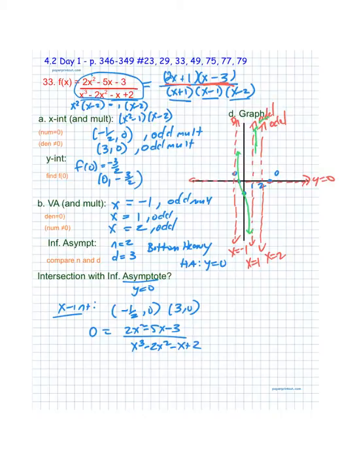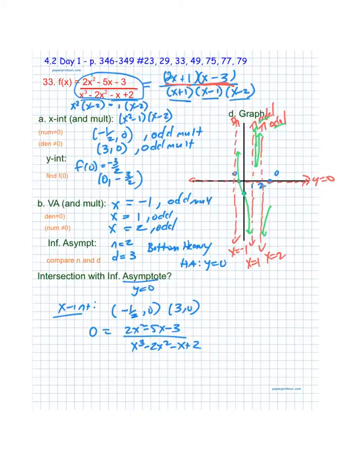And then, since I don't have any other x-intercepts, my graph cannot cross the x-axis between 1 and 2, so it has to turn around and go back up towards the vertical asymptote at x equals 2. X equals 2 has odd multiplicity, so my graph is going up on the left side of x equals 2. That means it's going to be going down to negative infinity on the right side of x equals 2.